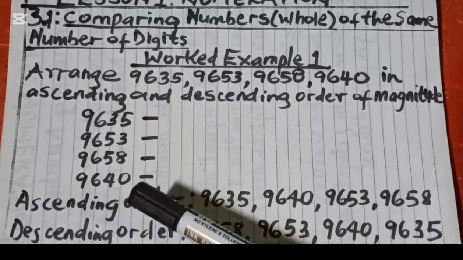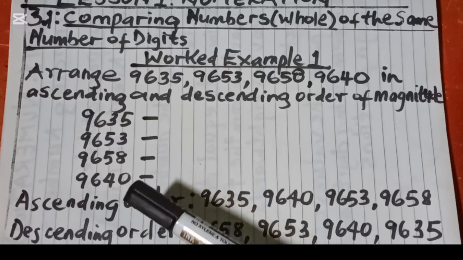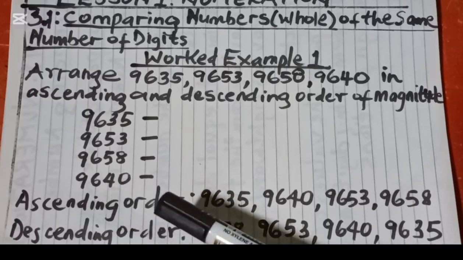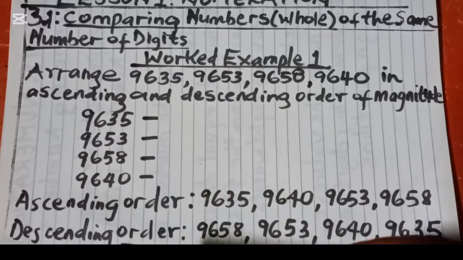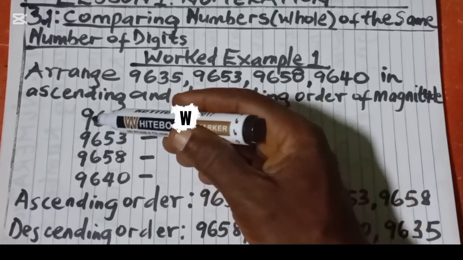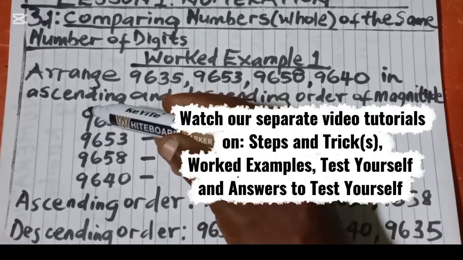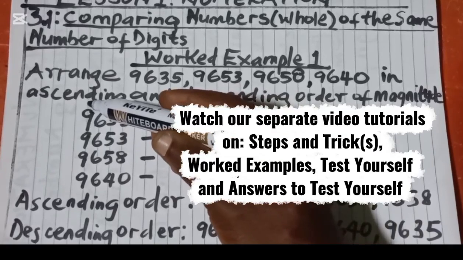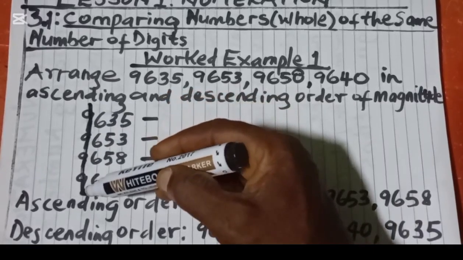On the second step, we eliminate the digits starting from the first digit, moving rightwards. So in this case, we have 9, the first digit of the numbers. So we can use 9 to ascertain. So we eliminate 9.